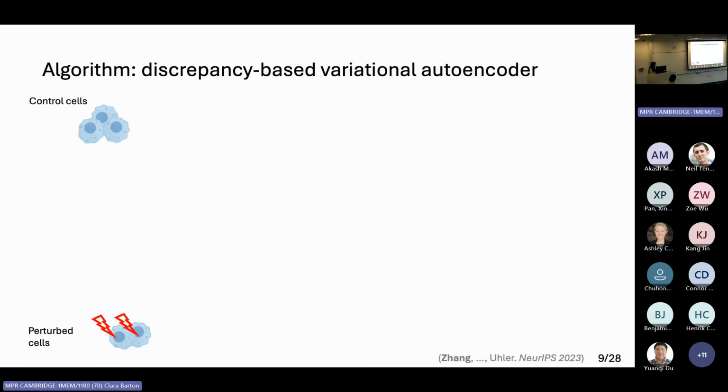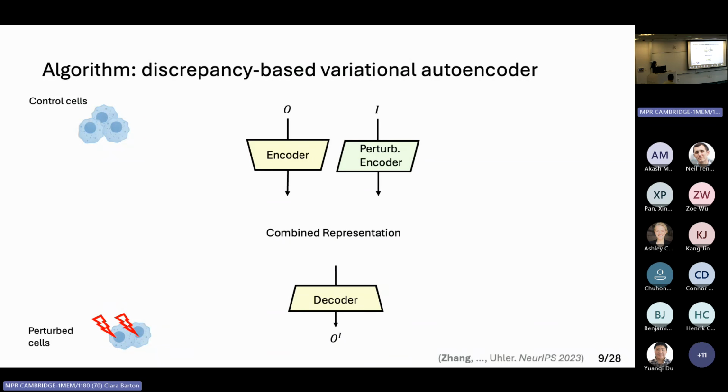To learn the changes that a perturbation induces in the control cell, we can take any type of feed-forward neural network. Here's just an example of a variational autoencoder. I don't know why it's not showing the gray box, but there's supposed to be a gray box here.